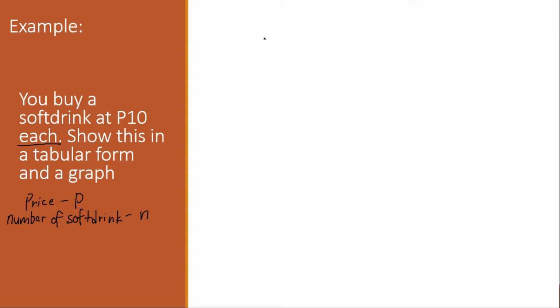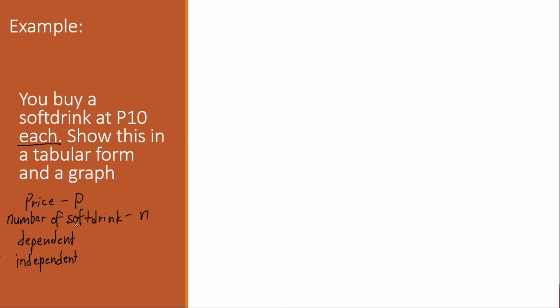Tapos ngayon, kailangan yung malaman yung dependent sa ating independent variable. Ano ba yung dependent natin dyan? Tsaka ano yung independent? Pag sinabi kasing dependent, ayan yung variable na nakadepende on sa isang variable. At kapag independent naman, syempre from its name, hindi siya nakadepende doon sa isang variable naman. So, kaya niyang tumayo on his own.